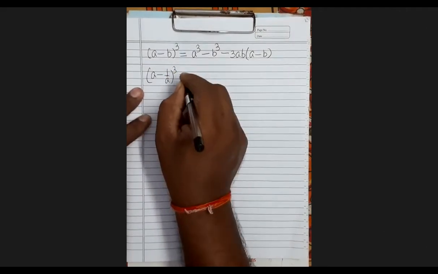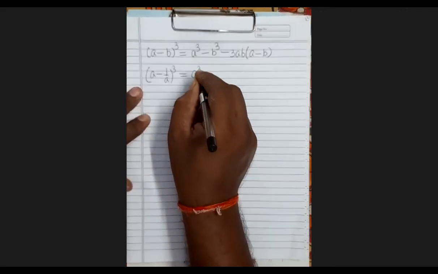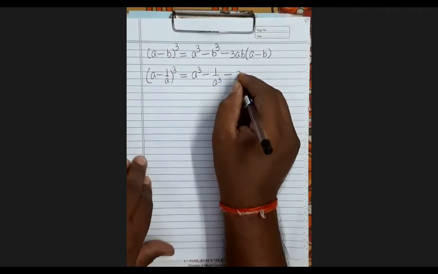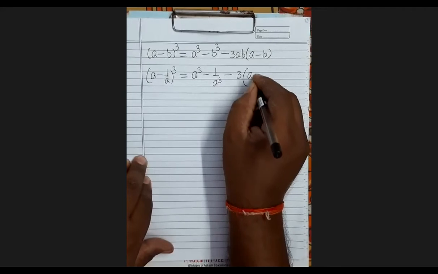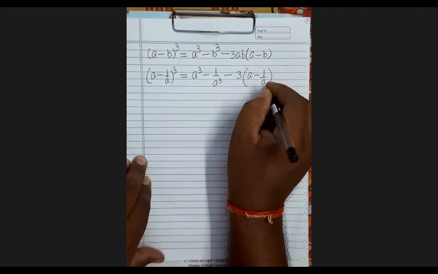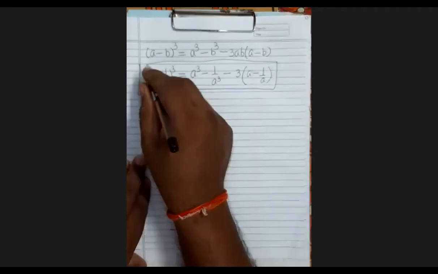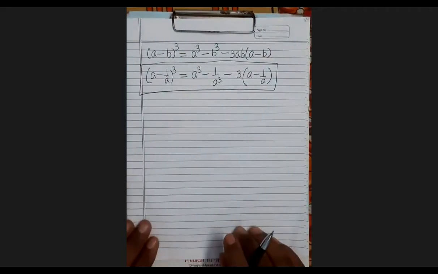In the same way, it is A cube minus 1 upon A cube minus 3 within bracket A minus 1 upon A. This also is not given in your formula list, so you note it down.